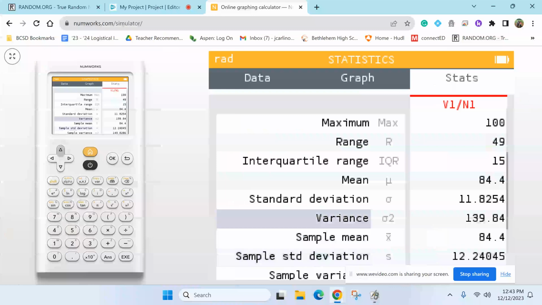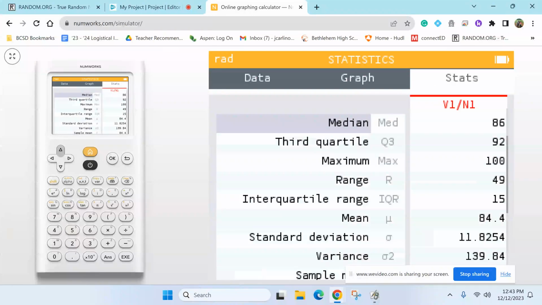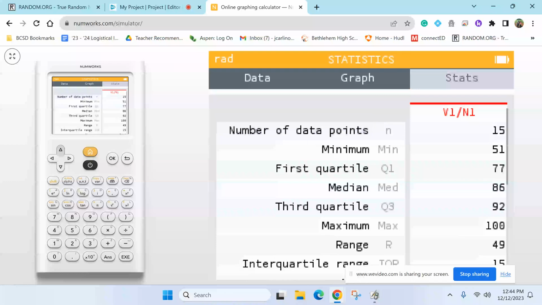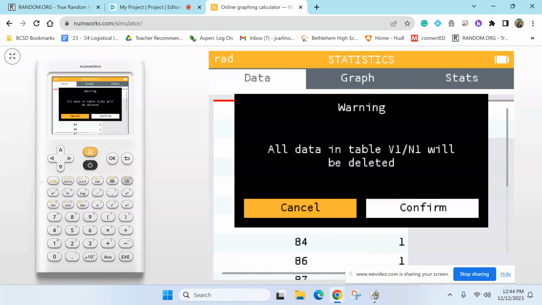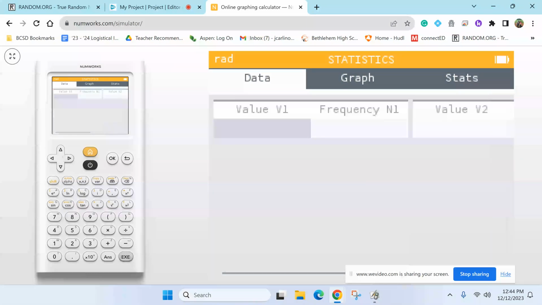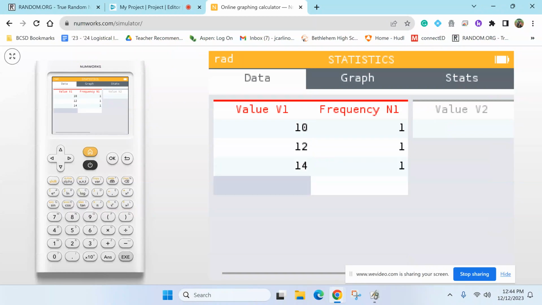So go back to data. You guys that were here yesterday, instead of deleting every single one, how can I just delete the whole thing? Shift clear. It deletes everything once you confirm it. So all I'm going to do here is enter 10, 12, 14 for the Miller kids.